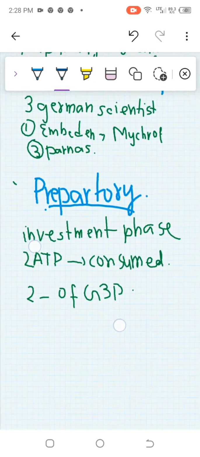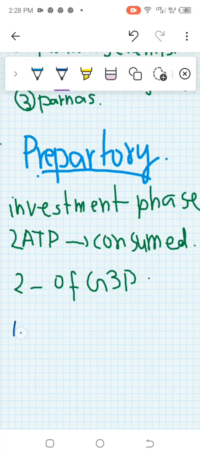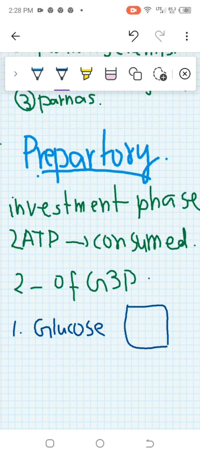In the first phase, first of all glucose is broken down. For example, you can learn it like this: we have one box, any box, and we have to add a straw inside it. In the glucose, first of all, we will add the phosphate.